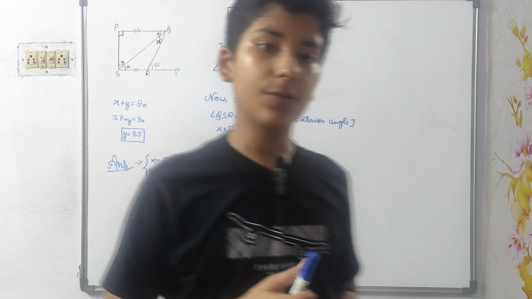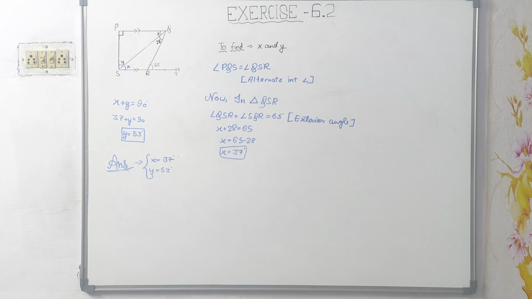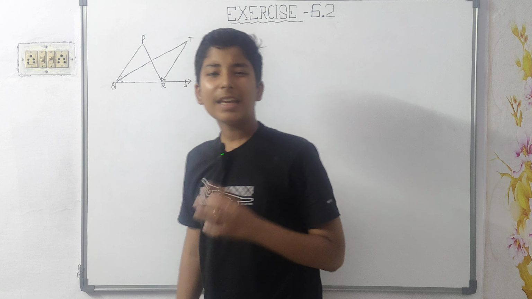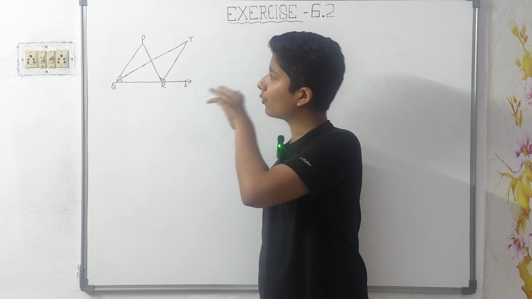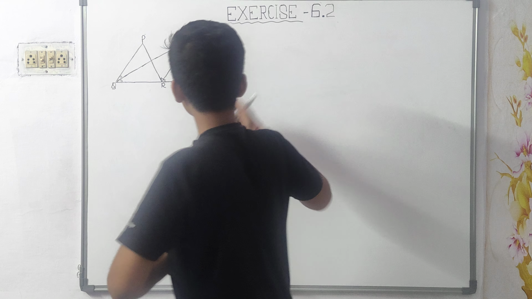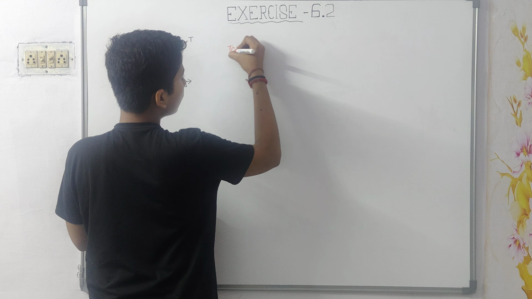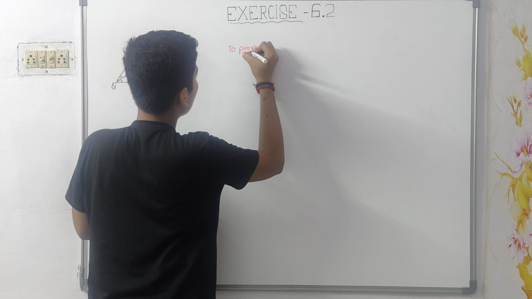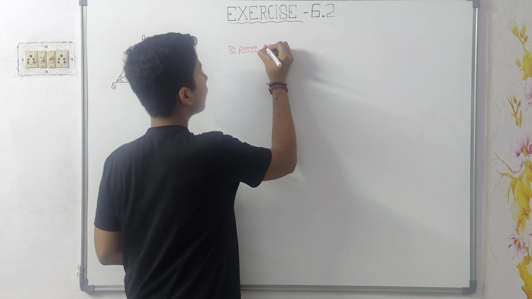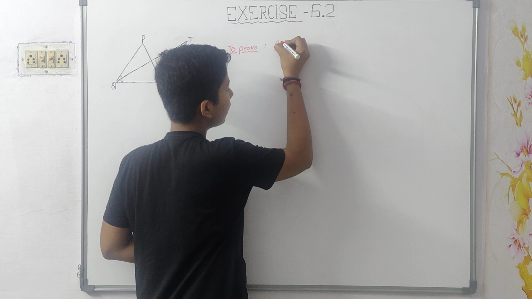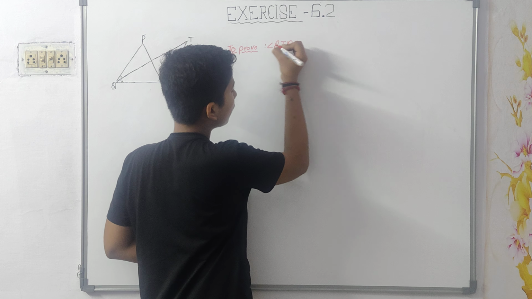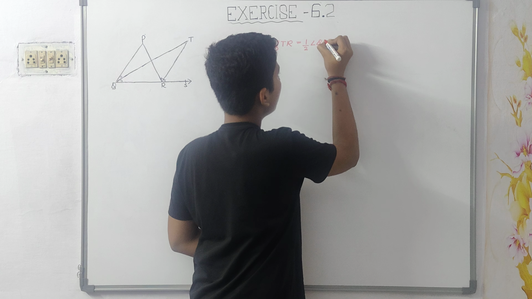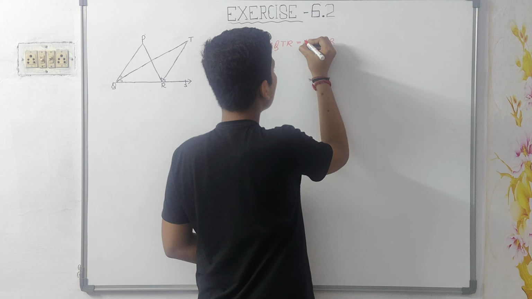Now we will come to our last and final question. So friends, this is our next question, and in this one we have to prove that angle QTR equals half of angle QPR.